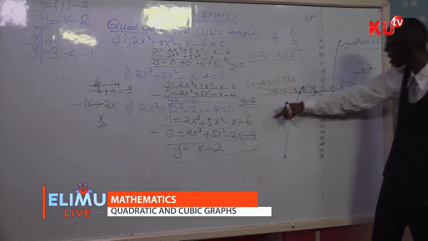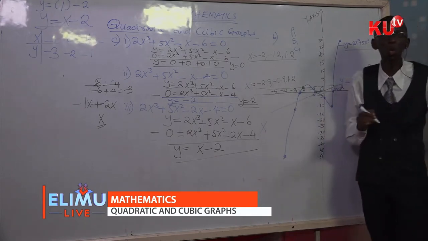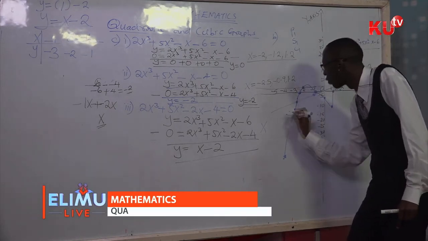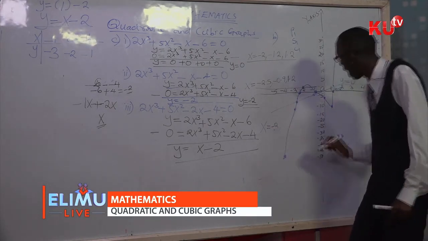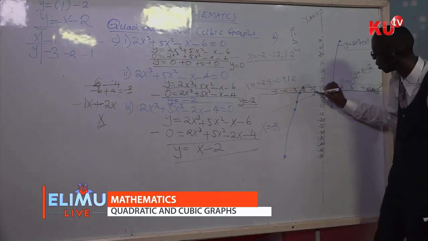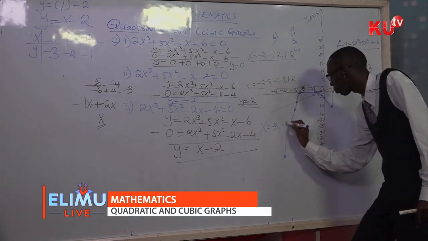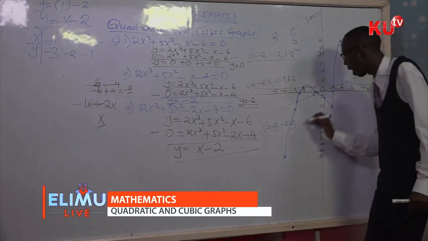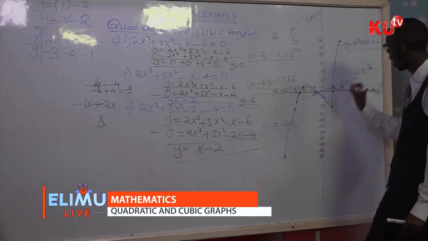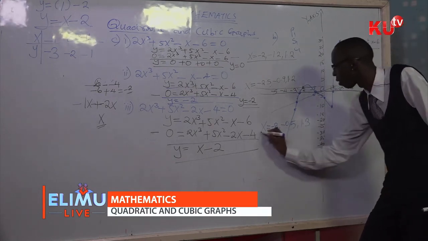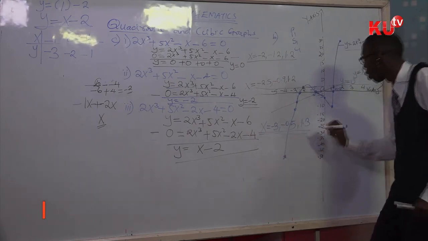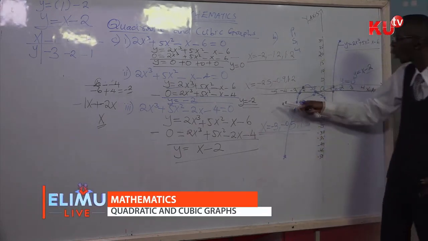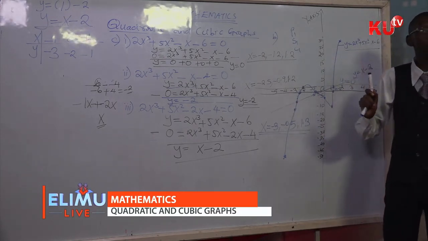Then read the values of x where the graph intersects with the line y equals x minus 2. The first one is here. Mine is -3. x is equal to -3. Another one is here, -0.5. And another one is here, +1.3. But your values might differ because you have a graph book.